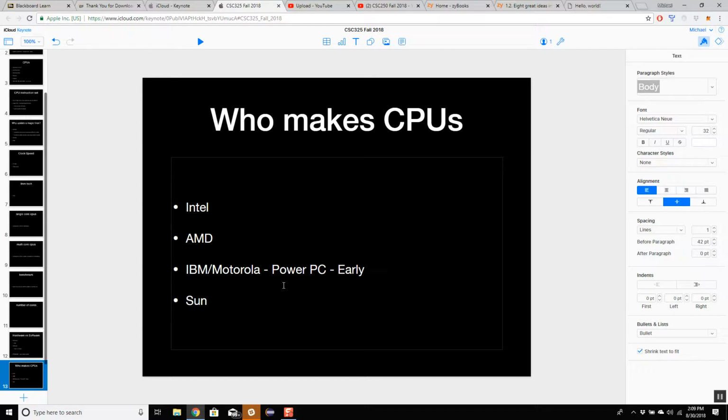What year did Apple discontinue PowerPC? And what year did Apple adopt Intel? 2005. So this is 2 years after PowerPC's purported death.